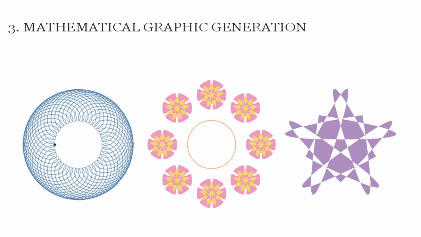Then the third area: the fact that SVG is XML and it is related to data, and there are a lot of possibilities of mathematically generating graphics and using a lot of equations.